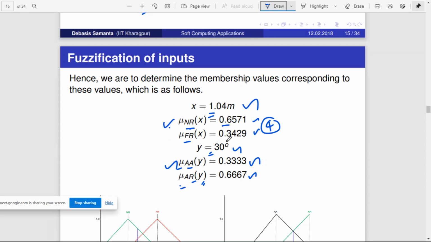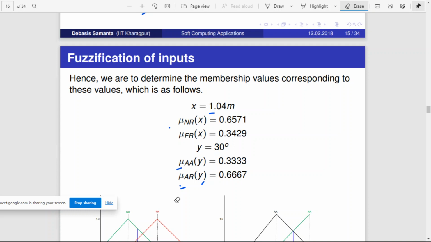We have totally 4 combinations of rules possible. So if it is NR AA, let me write like this, NR AA, then you have to find the minimum of NR and AA.